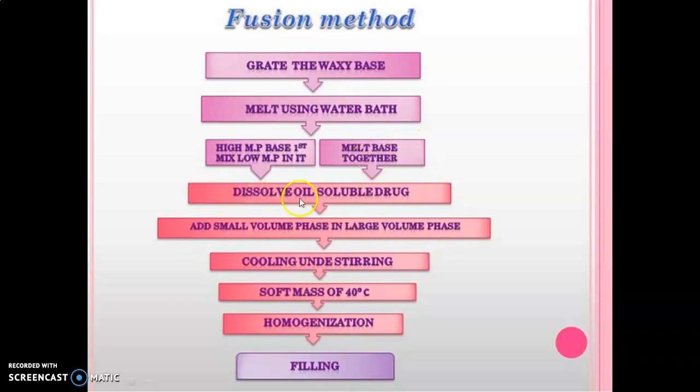After that dissolve oil soluble drug, then add the small volume phase in a large volume phase, then cooling under stirring, till soft mass at 40 degrees Celsius is formed. Then again homogenize, means reduce the particle size, and after that fill it in the container or tubes.